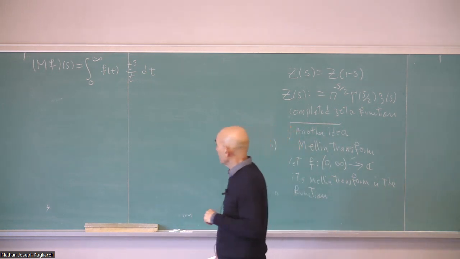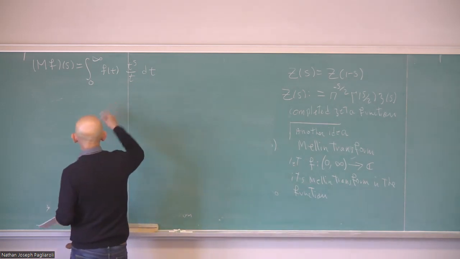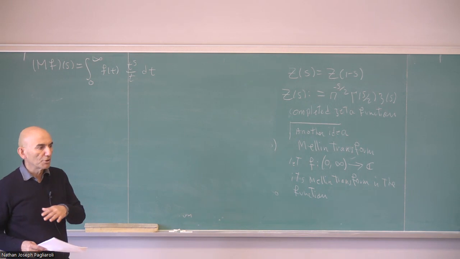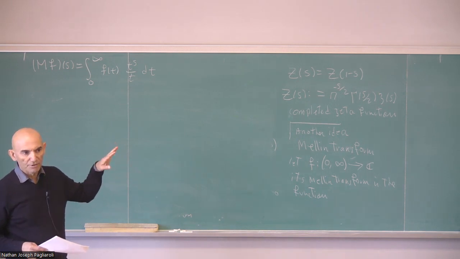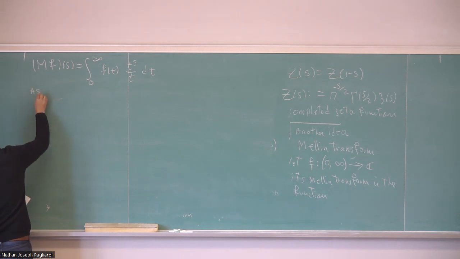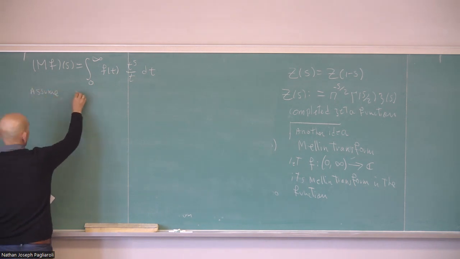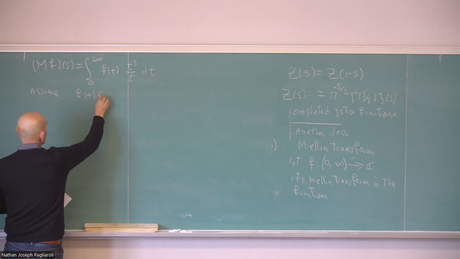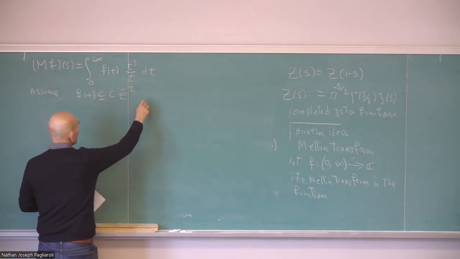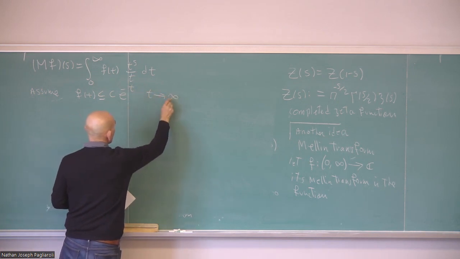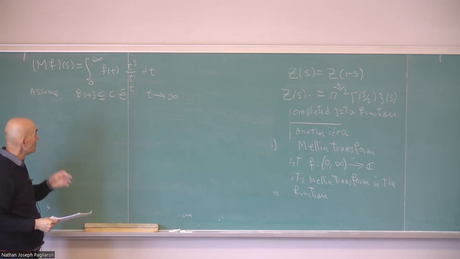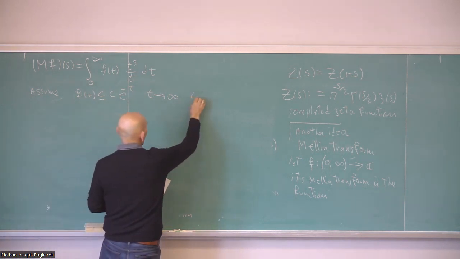So for the integral to converge at infinity, I just assume that f is exponentially decaying at infinity. So assume f of t is less than or equal to c e to the minus t as t goes to infinity, for some positive constant c.